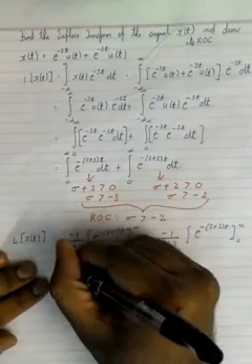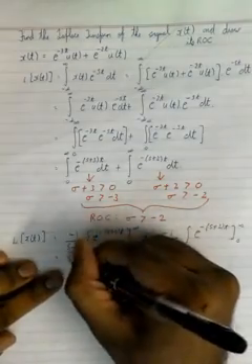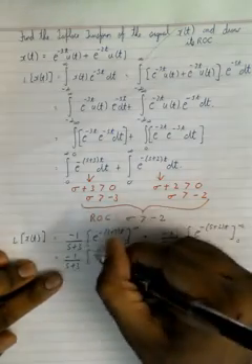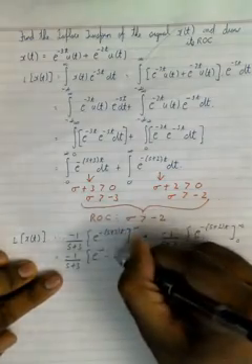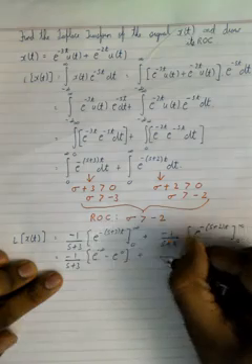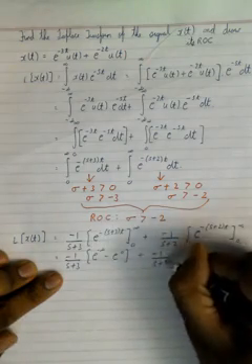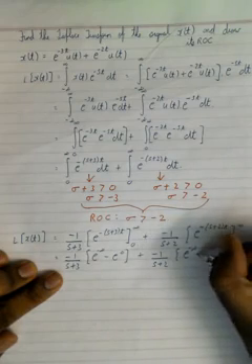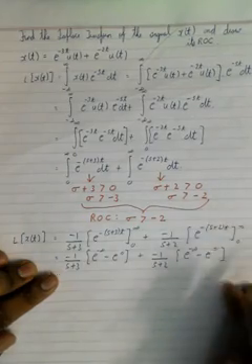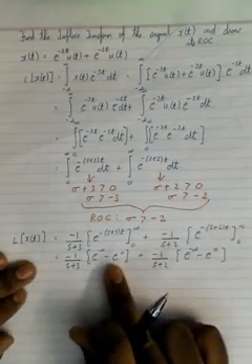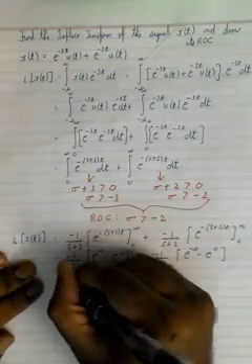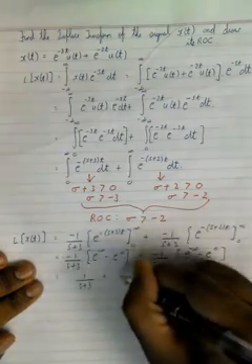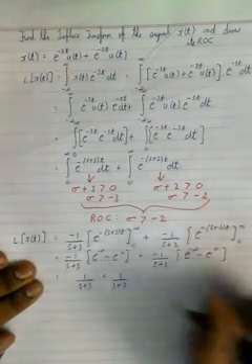This will become -1 by s plus 3 into (e raised to minus infinity minus e raised to 0) plus -1 by s plus 2 into (e raised to minus infinity minus e raised to 0). e raised to minus infinity is 0 and e raised to 0 is 1. So the answer here becomes 1 by s plus 3 plus 1 by s plus 2.